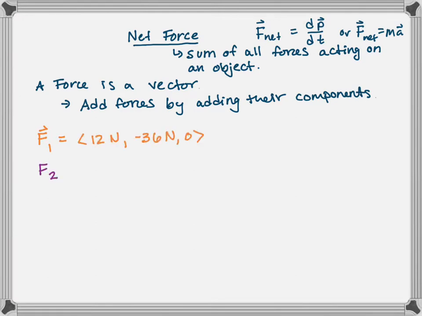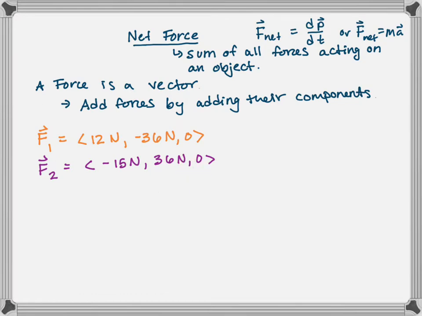So let's look at an example. Let's say we have two forces, force 1 and force 2, with their components shown here. Force 1 has 12 newtons of force in the x direction and negative 36 newtons of force in the y direction and 0 units of force in the z direction. And then for F2, we've got negative 15 in x and positive 36 in y and 0 in z.